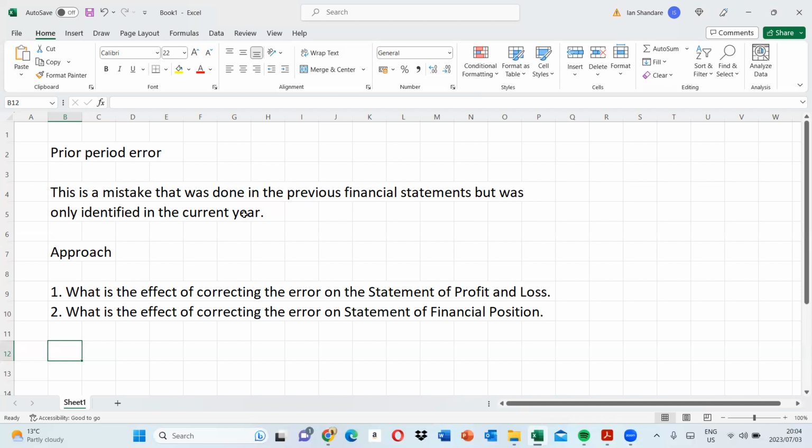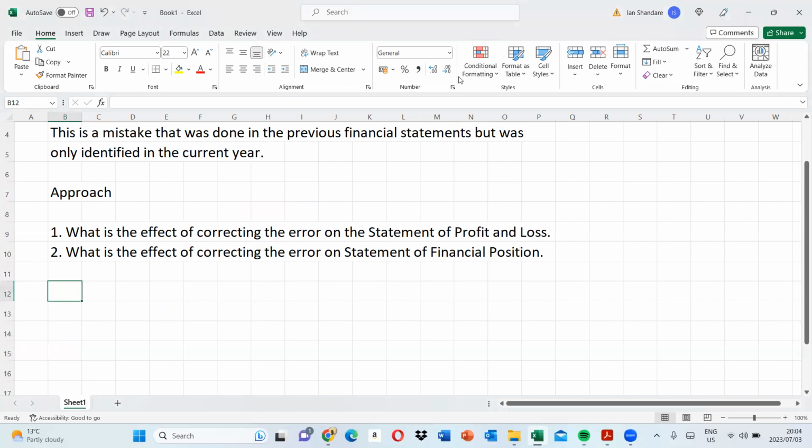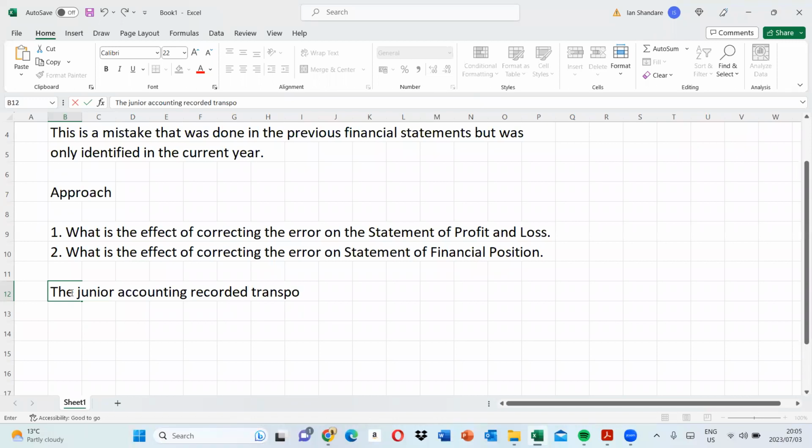All right, so in this example, we could be looking at a scenario in which our company, the junior accountant recorded transport cost for machinery as an expense.